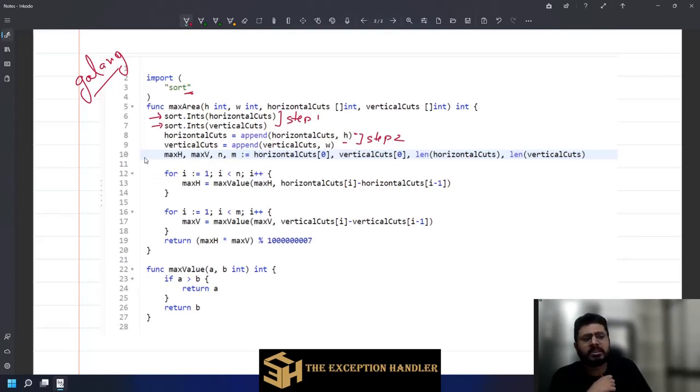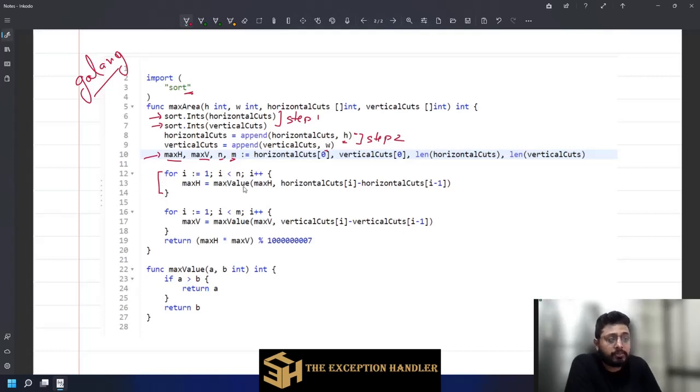I have declared some variables, max height and max width. N is the number of elements in the horizontal cuts, m is the number of elements in the vertical cuts, and this I have calculated after adding these two values, height and width, so that I have the fresh value. Now I have run a loop for the horizontal cut, and I'm trying to find the maximum height.